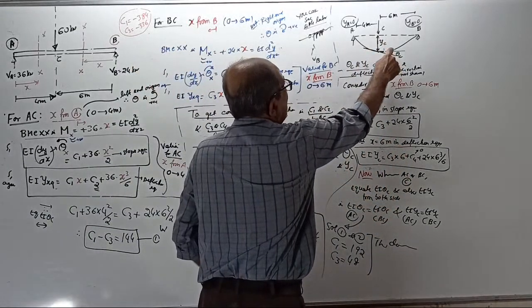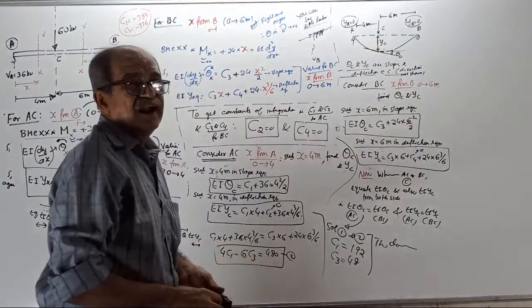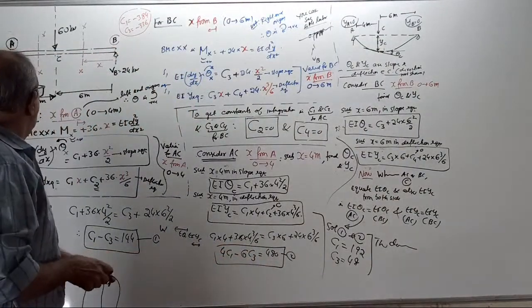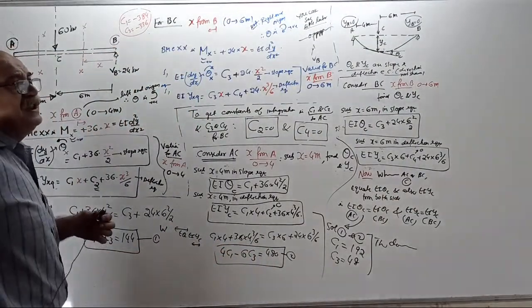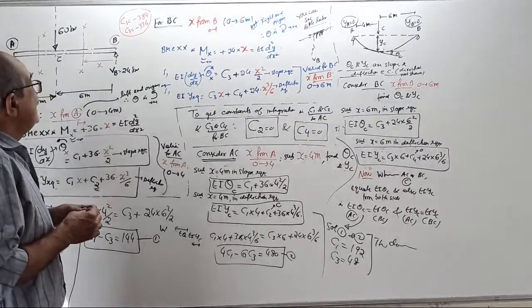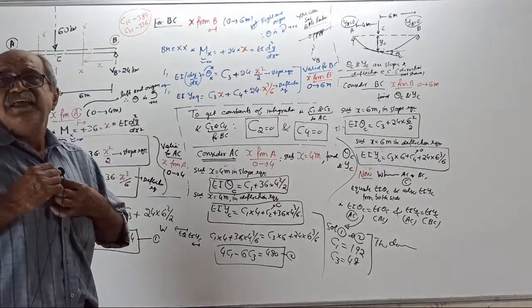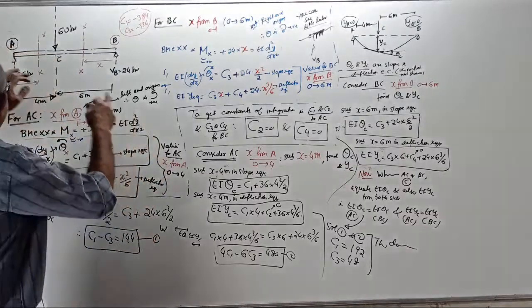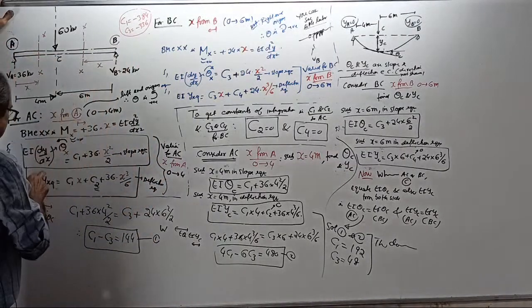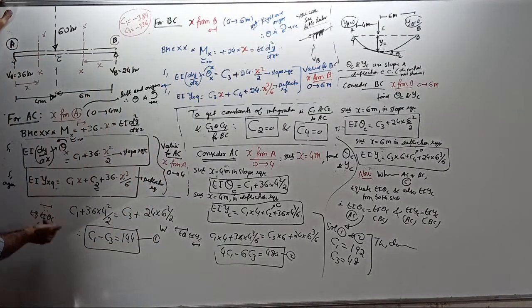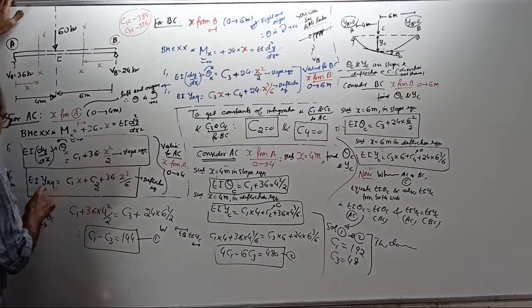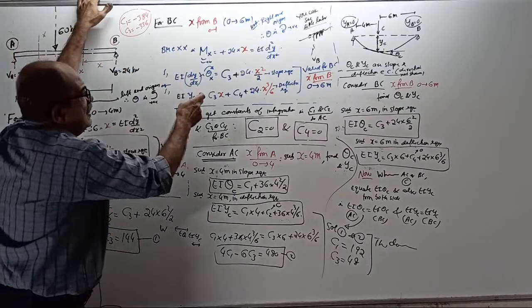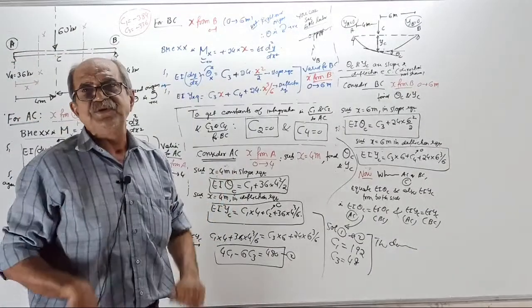This is theta C, this is YC. See here. Correctly see here. Whether you take left origin or right origin, you write here, deflection is always upward positive. See, here also upward positive, there also upward positive.